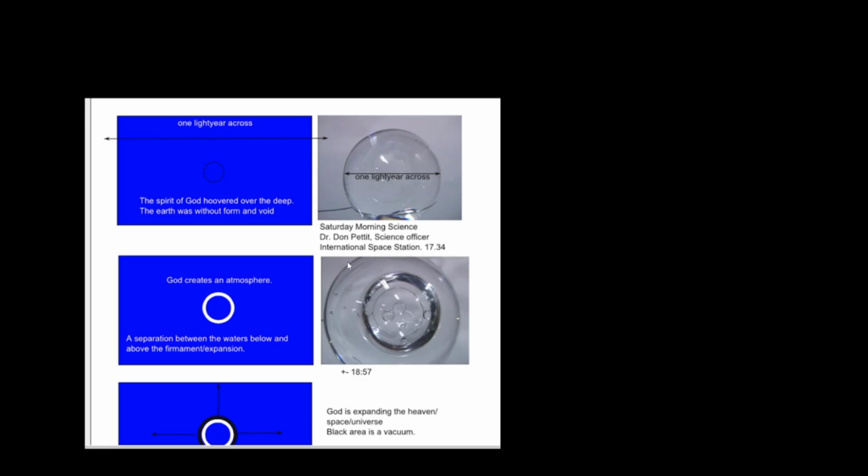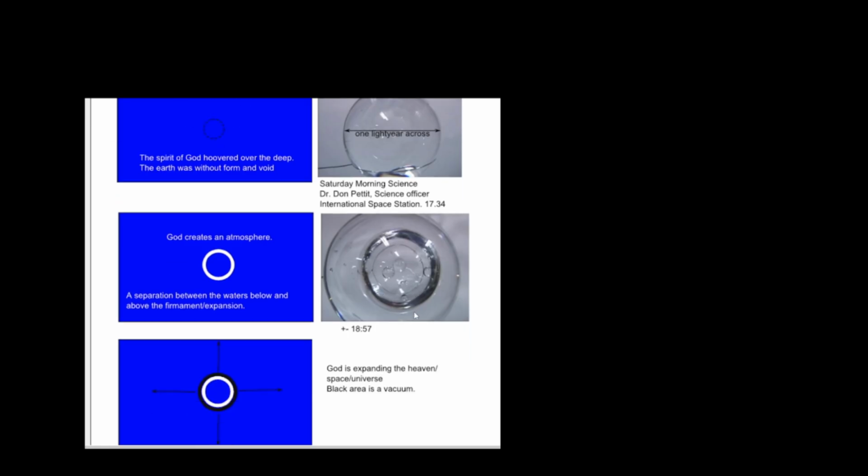So you have the deep, and then you have an atmosphere formed around water. So you don't have the little bubbles, but this whole area is one big bubble, and that is the basis of earth.